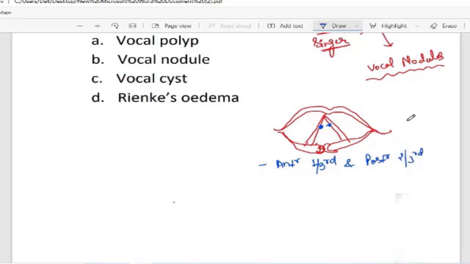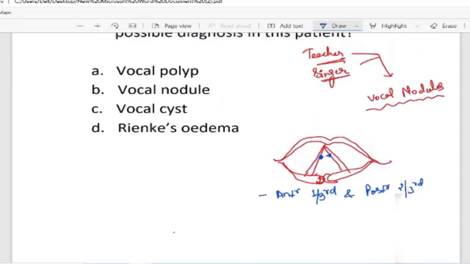Typically they are present in teachers or singers who have chronic, long-term voice use, like patients who are singers or teachers, who have the continuous habit of talking. In that case, tiny nodules form at the junction of the anterior 1/3 and posterior 2/3 of the vocal cords. These nodules are known as vocal nodules.